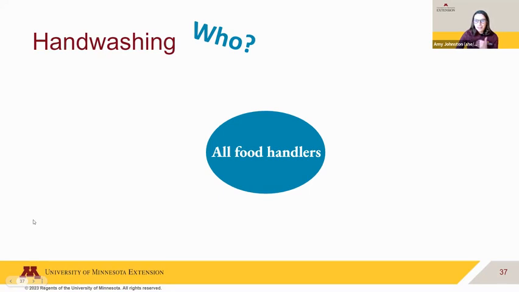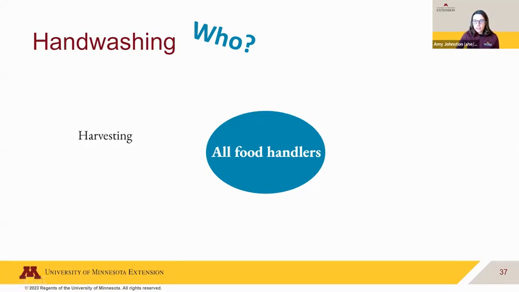So you can type it into the chat to share some ideas, some specific job types in a food business or at home for somebody that's handling food that would need to wash their hands.